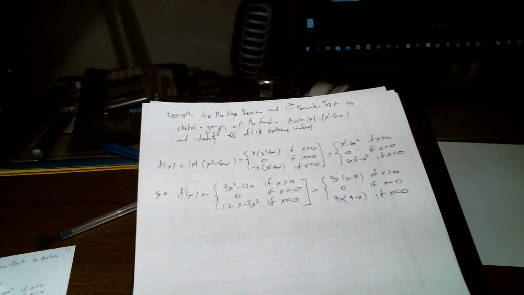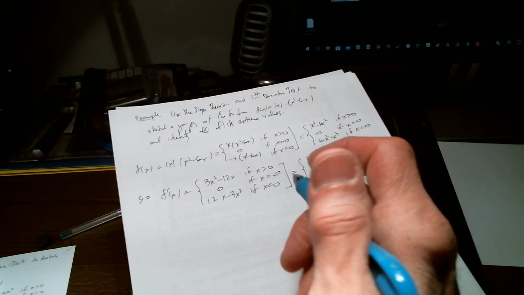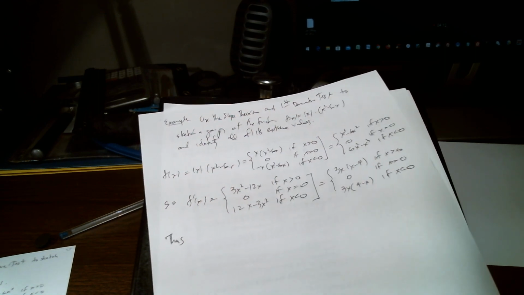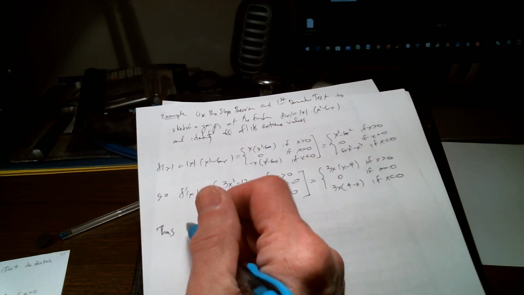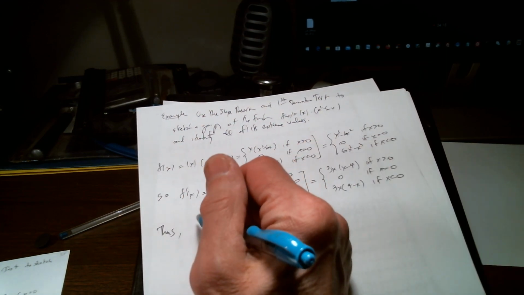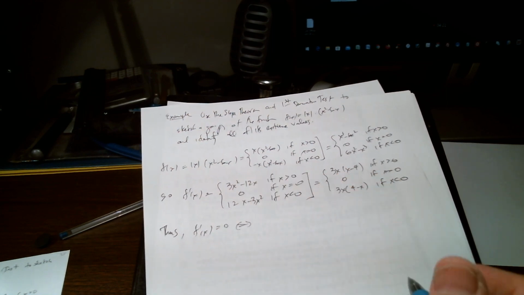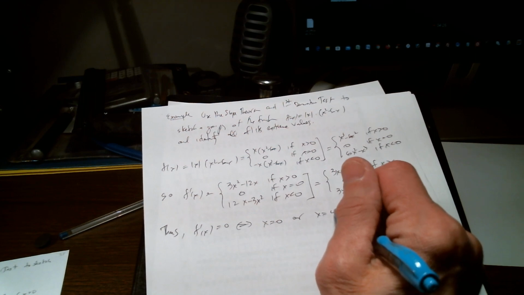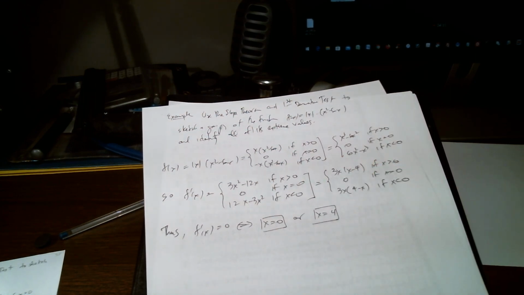Okay, and so what we see is that the critical numbers, in other words, the numbers where f prime of x is exactly 0, occur if x is equal to 0 or x equals 4, right? So these would be the two critical numbers for the function.